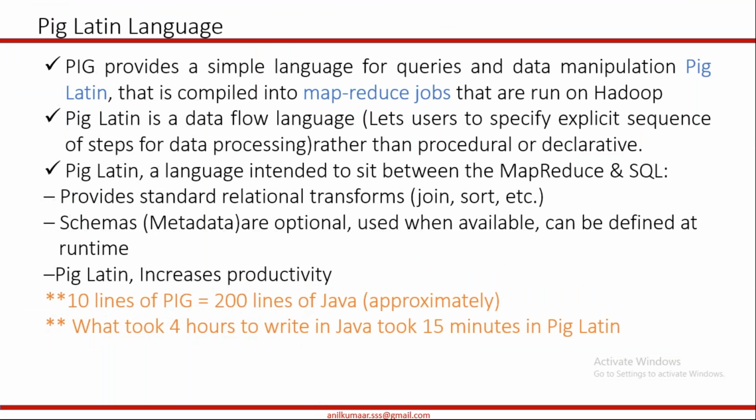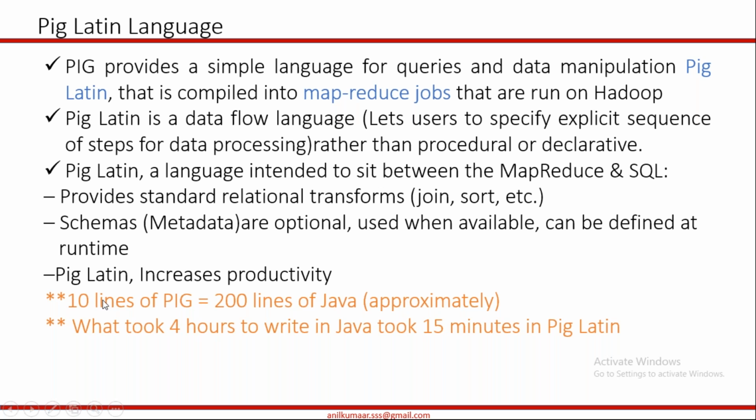Already we discussed that 10 lines of your Pig Latin statements are almost equal to 200 lines of Java approximately. Suppose you are taking 4 hours to complete these 200 lines of Java. Within just 10 to 15 minutes, you can complete the Pig Latin statements.